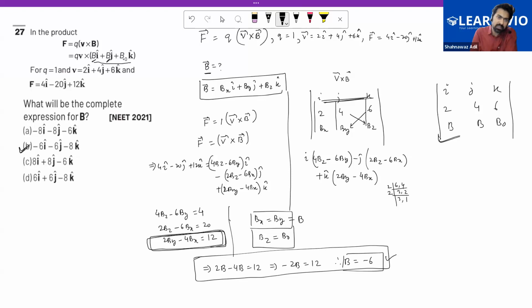Bx is B, By is B, Bz is B. Whenever you guys have noted it down, please tell.